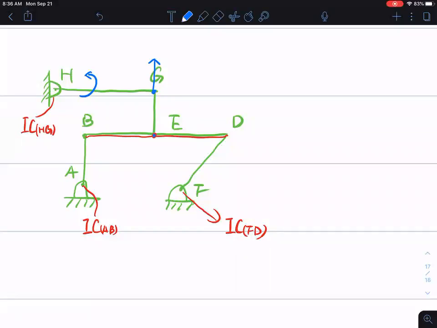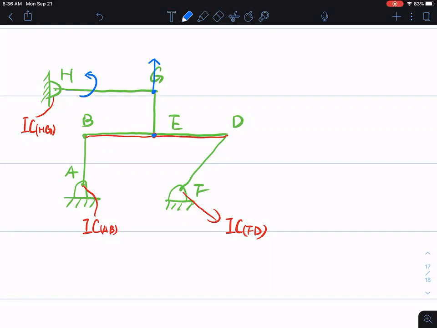How about the direction of velocity of point E? That's kind of hard to tell. Okay, let's leave this part.